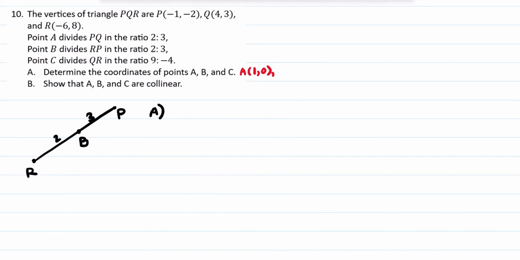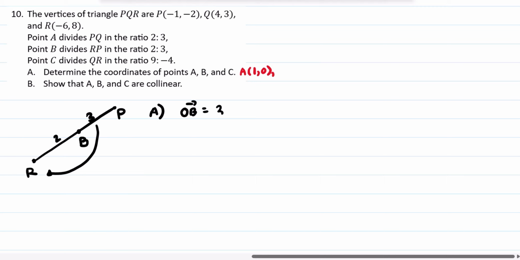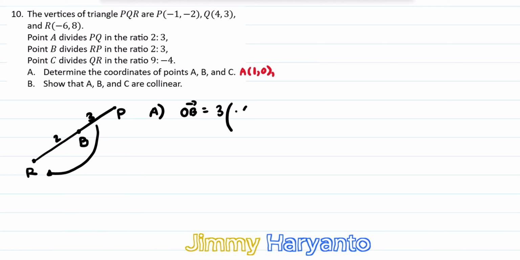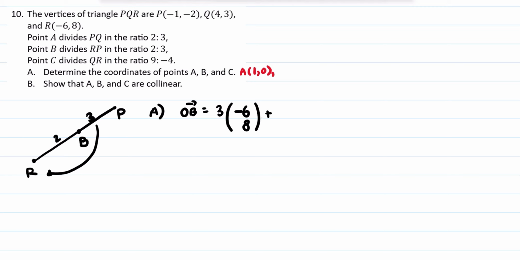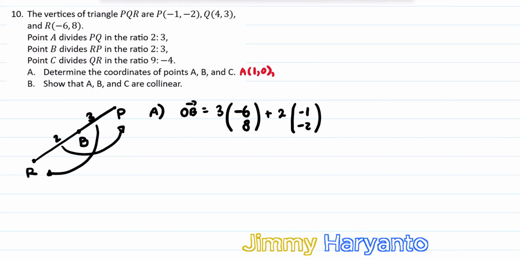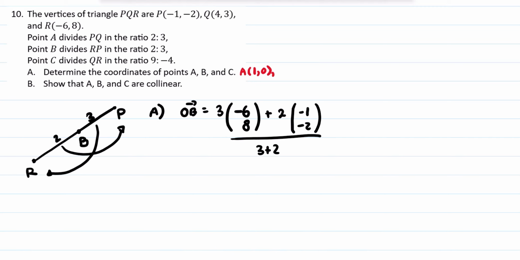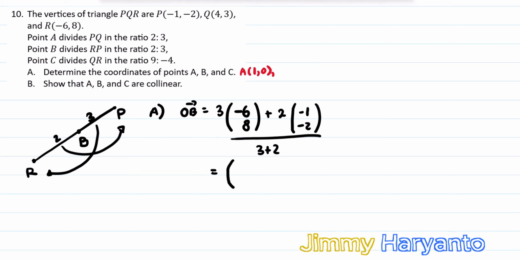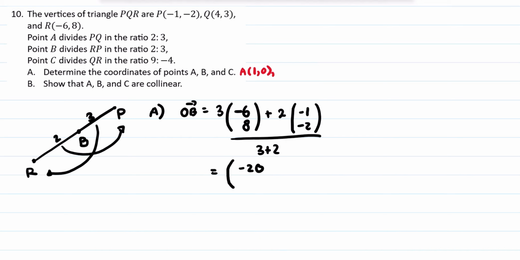Next, for point B. Point B is the same. It divides RP in the ratio of 2 to 3. So OB is 3 times R. That means 3 times R is -18 and 24, and then plus 2 times P, 2 times -1 and -2, divided by 3 plus 2 equals, this one is -18, -2, -20.